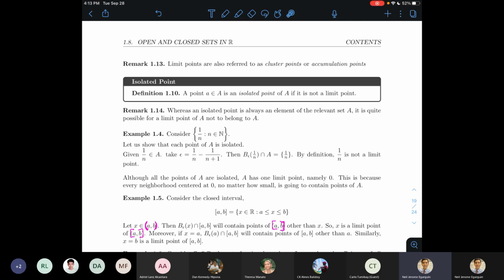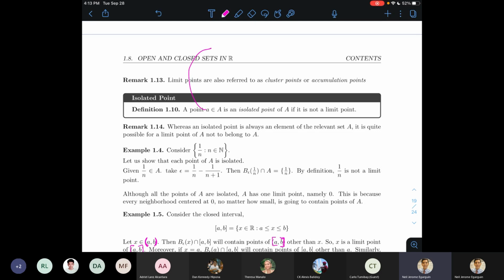So, formally, ibig sabihin, there exists an epsilon greater than 0 such that the intersection of B epsilon of A with A, tapos tatanggalin mo yung element A from the intersection, is empty.